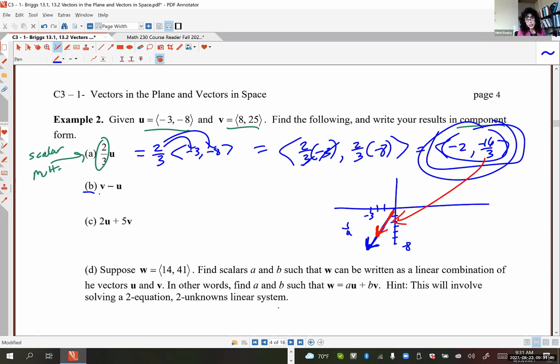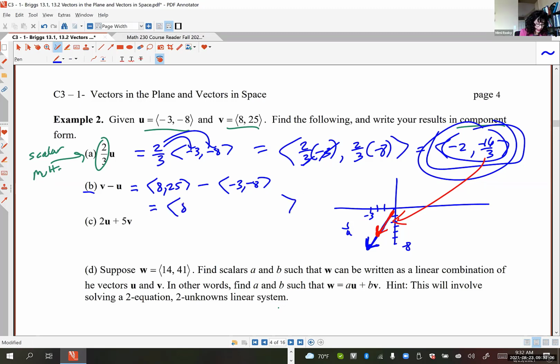Okay, in letter B, they're doing some subtraction. Woo! Let's do it in slow motion. First, you're going to take the vector v, which in component form is angular brackets 8, 25, and you'll subtract the other vector u with components -3 and -8, and you're going to get a vector. So I'm going to leave some room here.